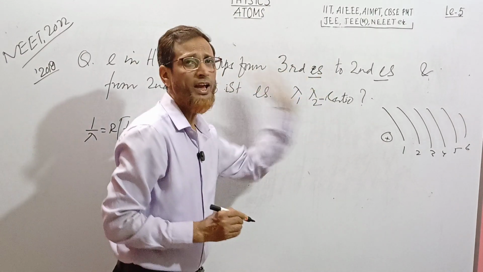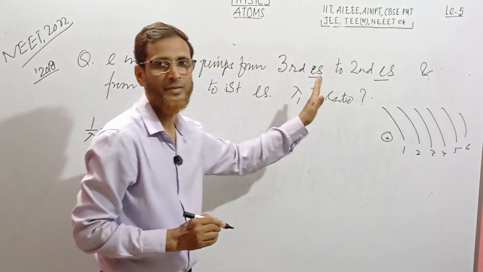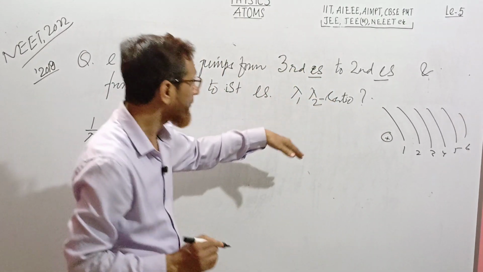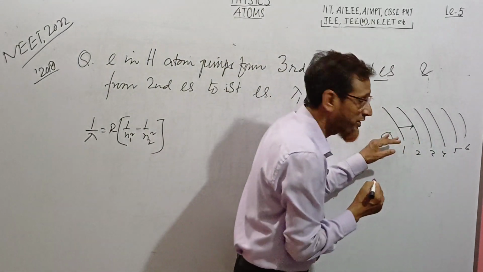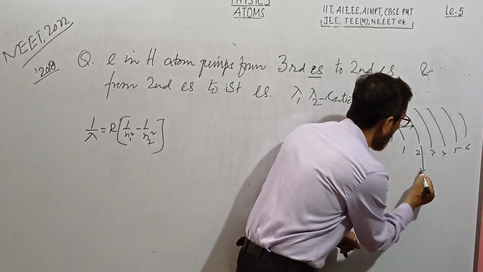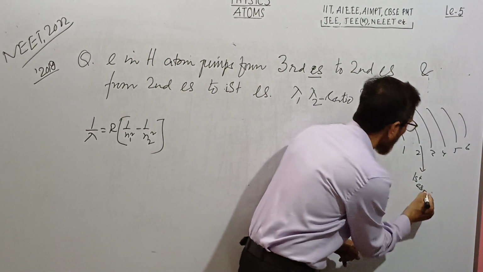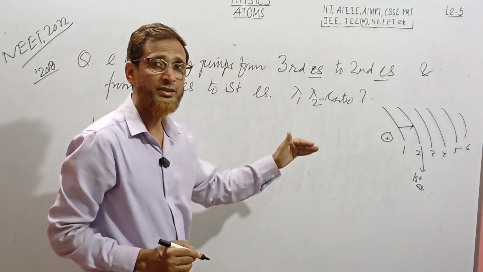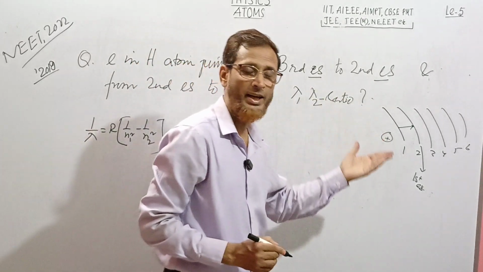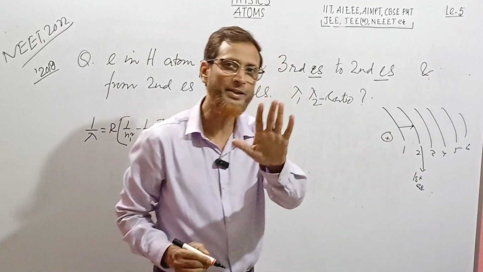There is no mention of n in the question. So from excitation state, if it is first excitation state, n is equal to 2. If it is second, n is equal to 3. We have got the idea.